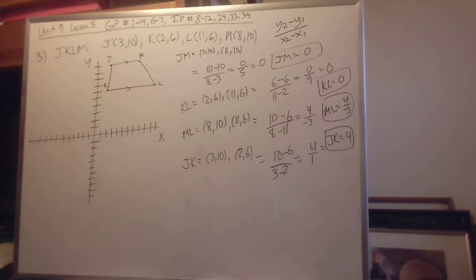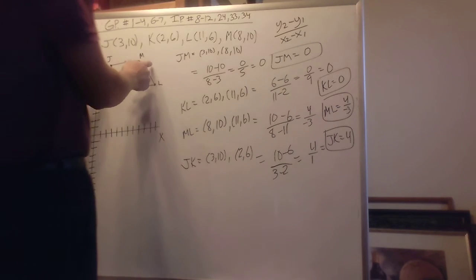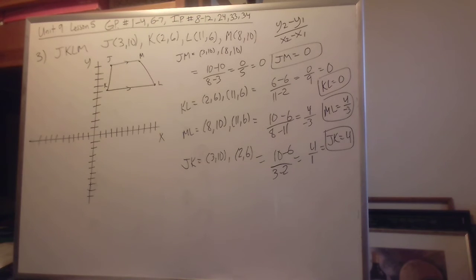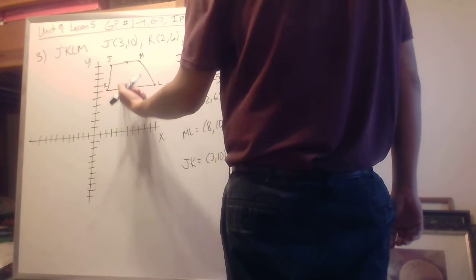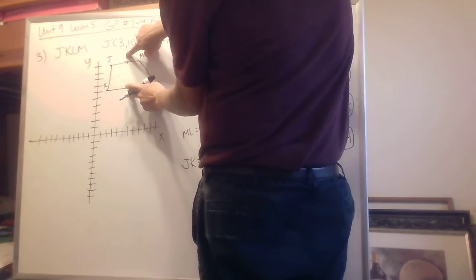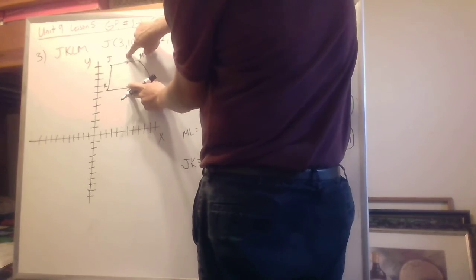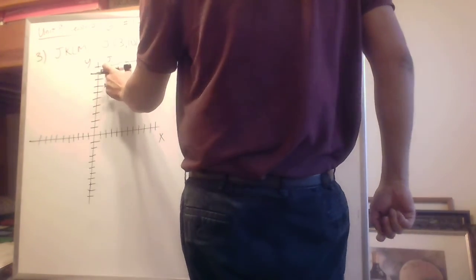All right, so since these slopes are not the same, we know that this quadrilateral, let me look to see what I'm looking at from the example. Sorry, just give me a second. Okay, so this quadrilateral has one pair of opposite sides that are parallel. These two sides, ML and JK, are not parallel.